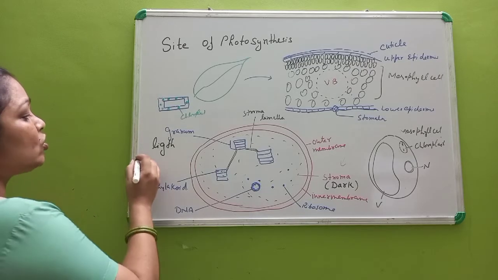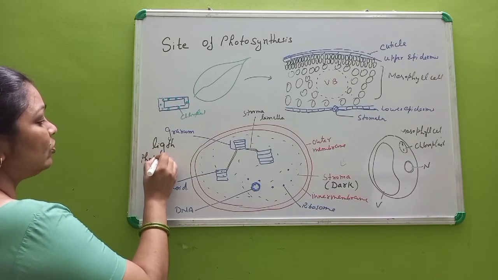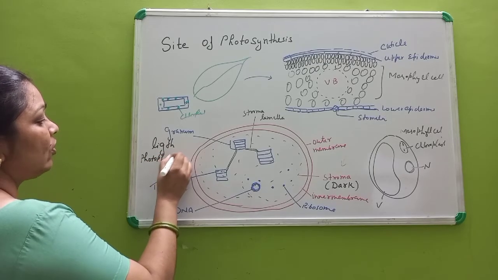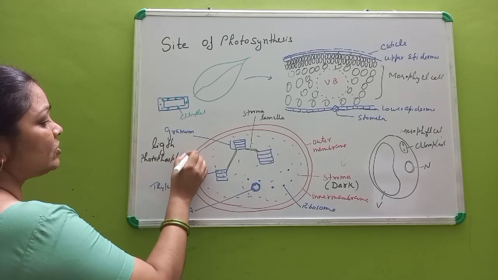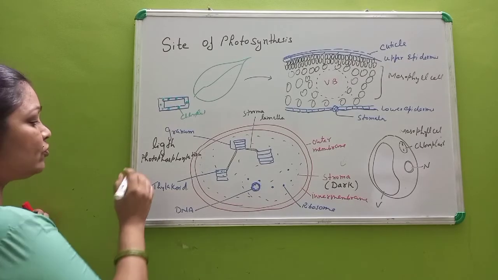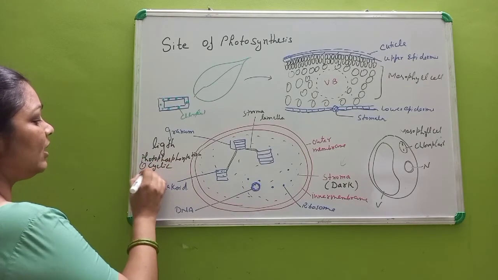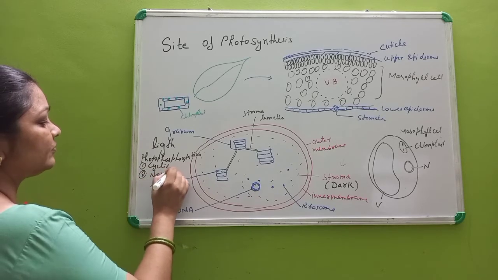The light reaction is also known as photophosphorylation, and this photophosphorylation is of two types, one is cyclic and the other is non-cyclic.